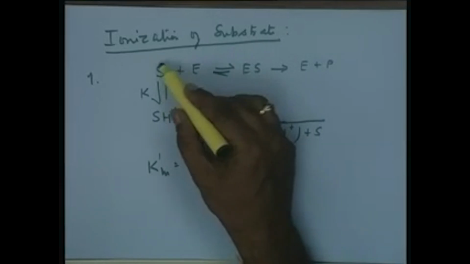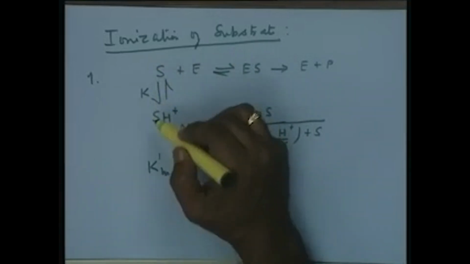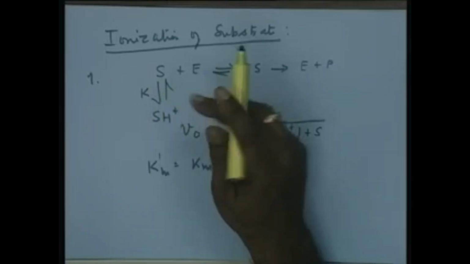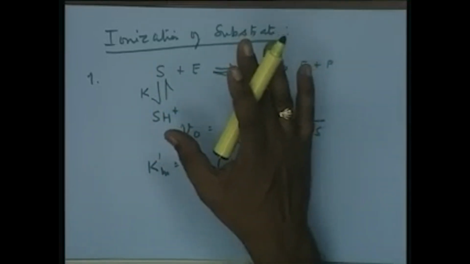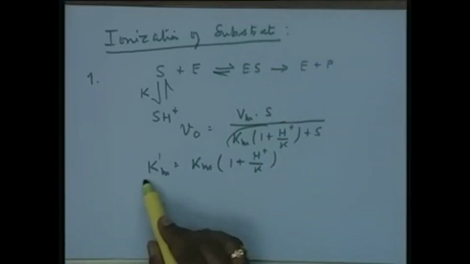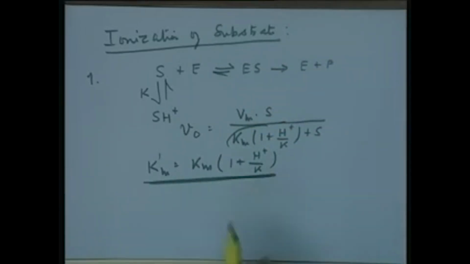Whatever part of the substrate got protonated by binding with the hydrogen ions becomes a dead end complex, as happens in the case of a competitive inhibitor, and therefore you get a similar profile which gives you a Km value. You can also analyze here the Km apparent, K'm, which varies with the hydrogen ion concentration.